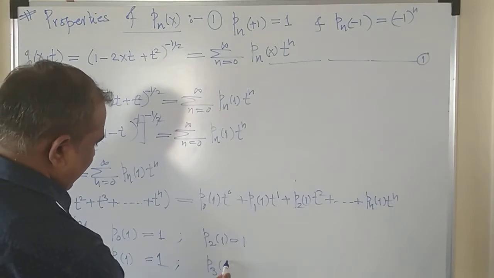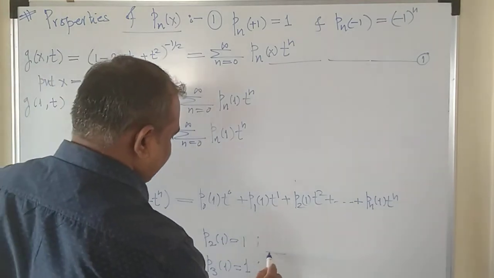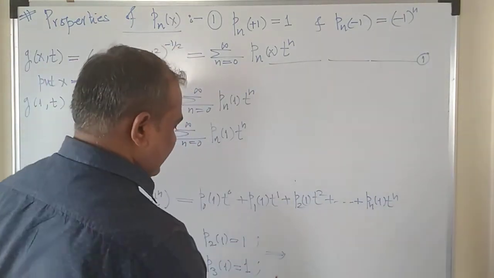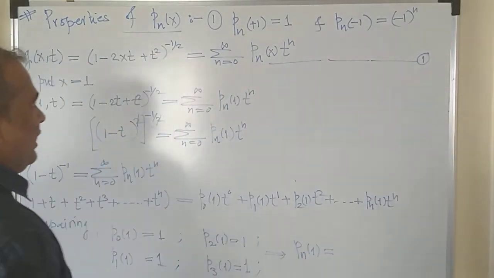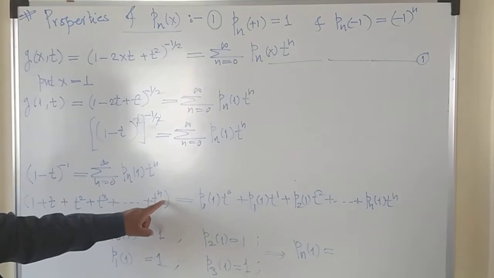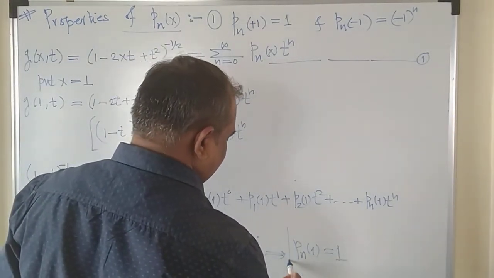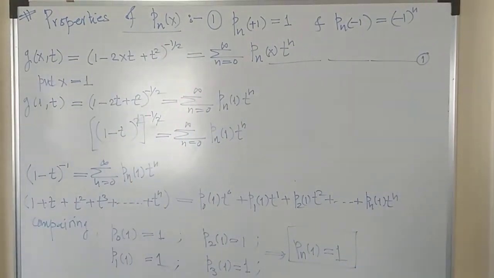Similarly, p3 of 1 is 1 again, and hence the coefficient of t raised to n is pn of 1, which is again 1. Thus we proved the first property of the Legendre polynomial, Pn of plus 1 is equal to plus 1.